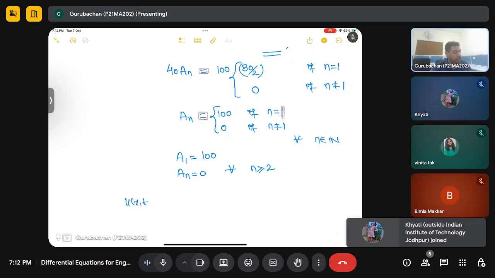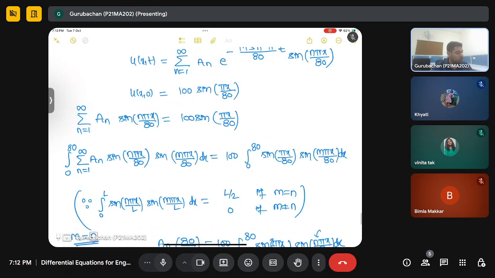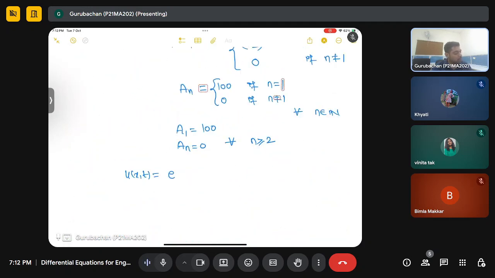It was a series earlier, a_n e to the power minus n square pi square divided by 80 square t sine n pi x by 80, so we are left with n equal to 1, that is e to the power minus 1 square pi square divided by 80 square t sine pi x by 80, and the value of a_1 is 100.